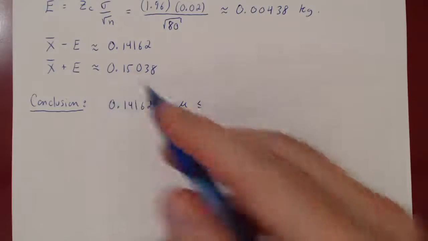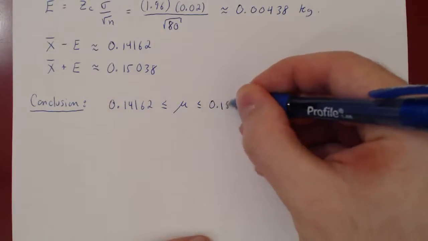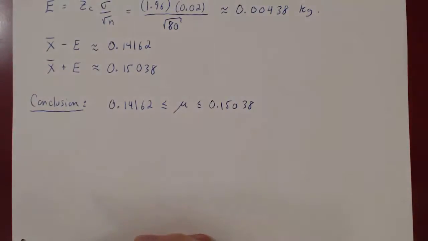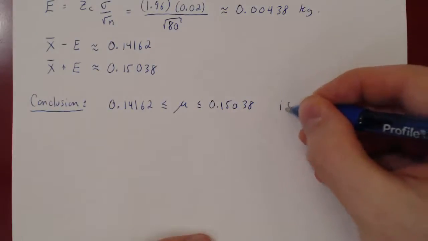The right endpoint is roughly 0.15038. And this is our 95% confidence interval for the true population mean.